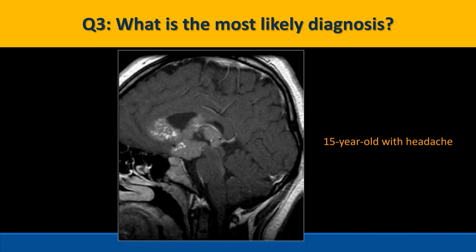There's kind of mixed signal within the mass, so some increased signal that suggests either fat or blood products. This is a post-contrast image.